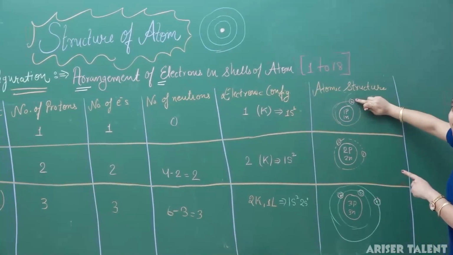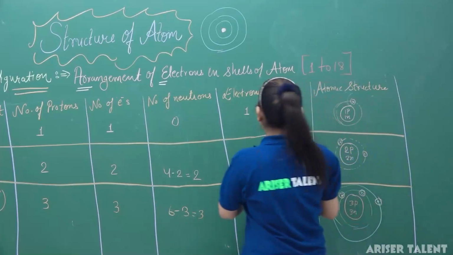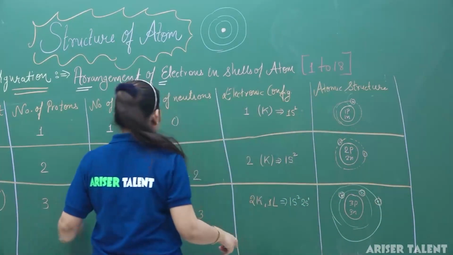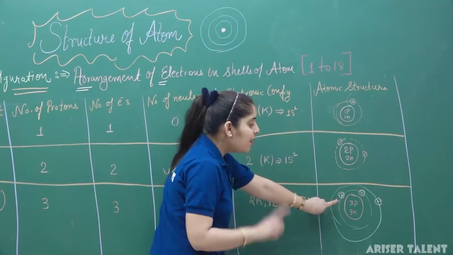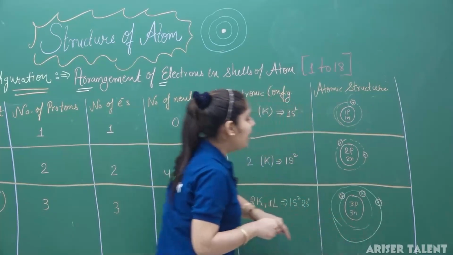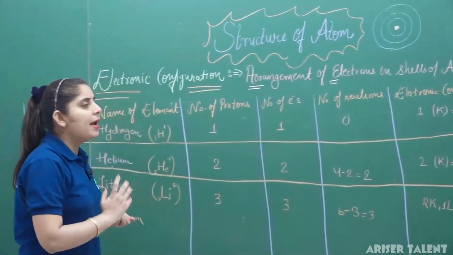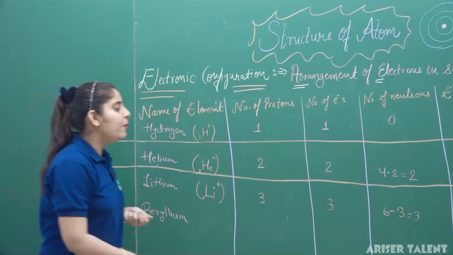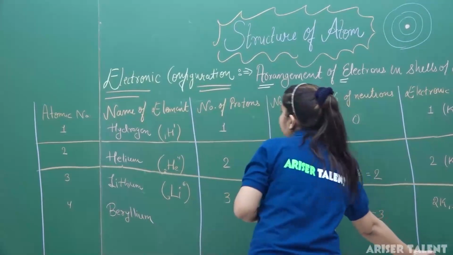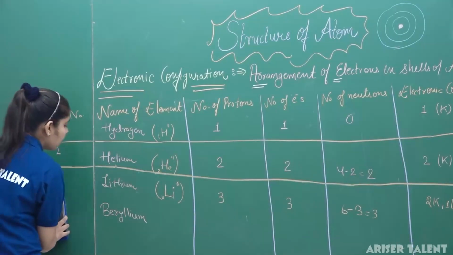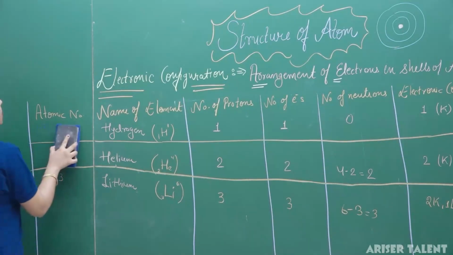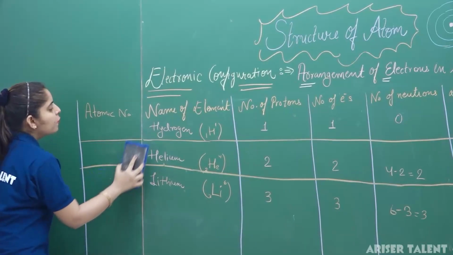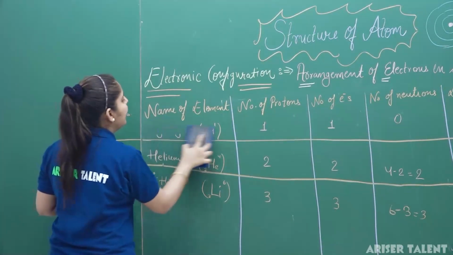In the case of helium we have 2 electrons and in the case of lithium we have 3 electrons. So 2 electrons will be accommodated in the K shell and 1 electron will jump into the L shell. So that is about hydrogen, helium and lithium. Now we will proceed to our next elements. Our next element is beryllium. So we will discuss it from atomic number 4 to 18.